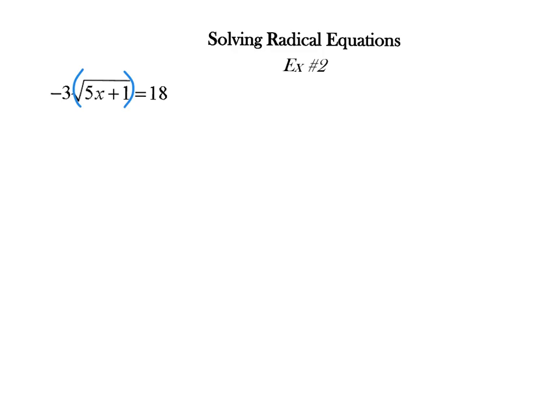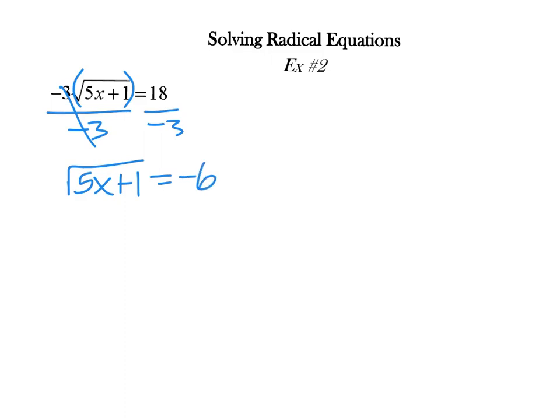Well, currently the negative 3 is multiplying this piece right here, the square root of 5x plus 1. So the opposite of multiplying, the inverse, is division. So we're going to divide both sides by negative 3. And you're left with the radical of 5x plus 1 equals negative 6.